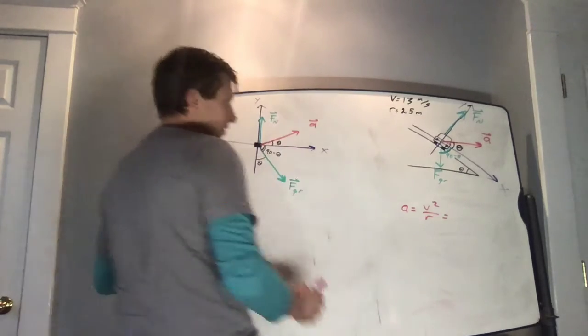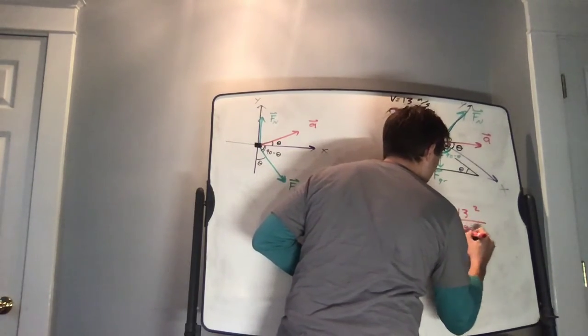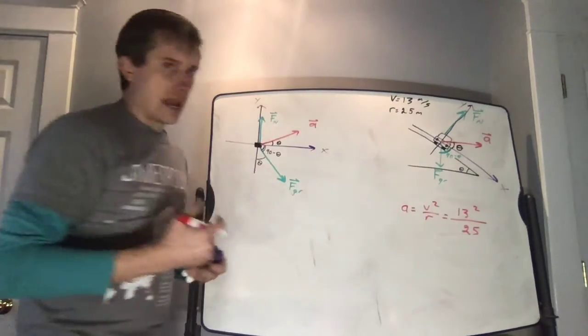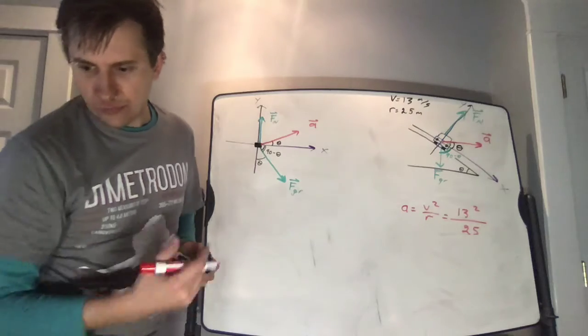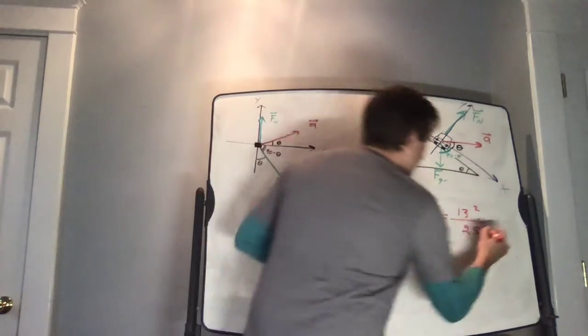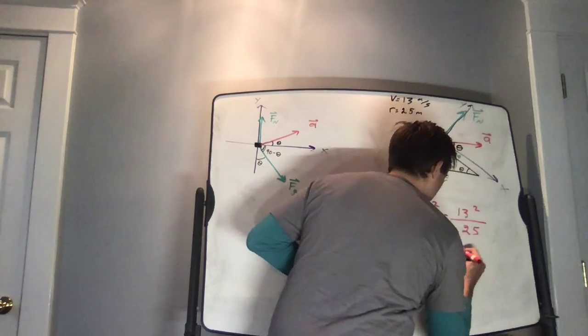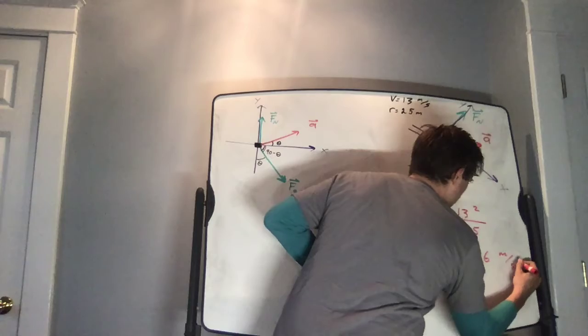That is going to be 13 squared divided by 25. And if I put these numbers in a calculator, we find the acceleration of the vehicle is 6.76 meters per second squared.